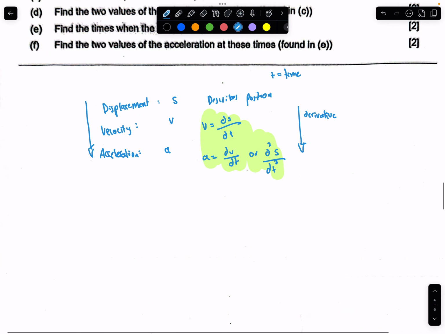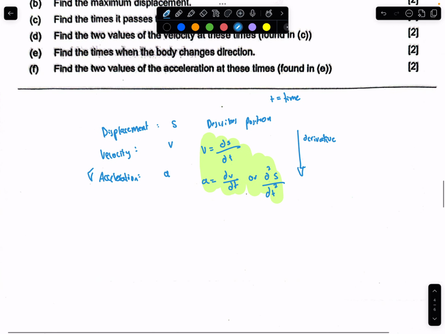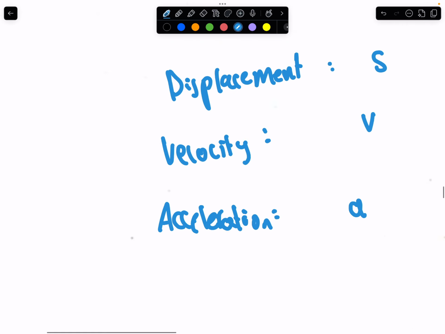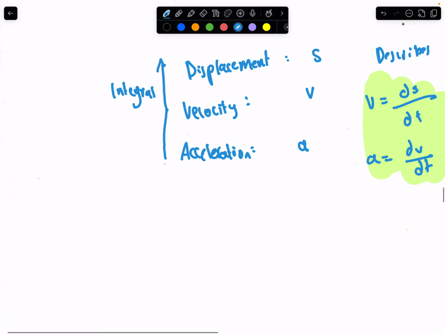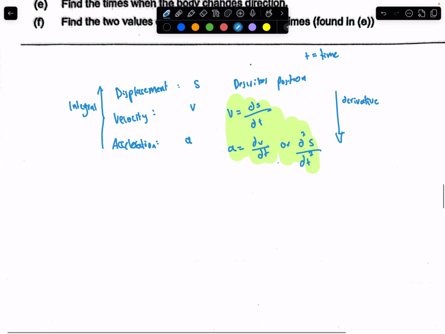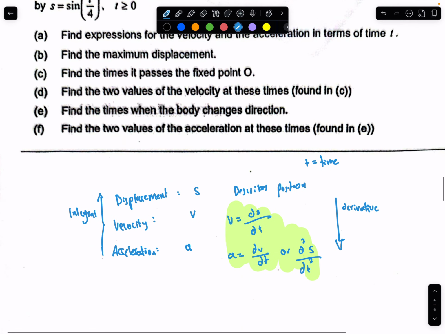But if we're going from acceleration to velocity and velocity to displacement, we take the integral. This is another important tip that you should keep in mind when answering a kinematics question.